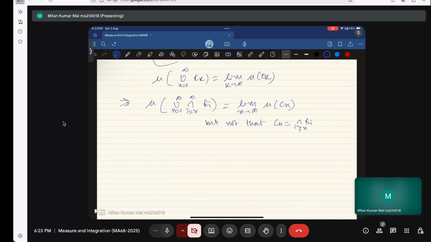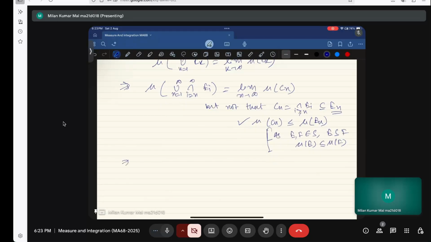So C_n is a subset of particularly E_n, so mu of C_n is less than or equal to mu of E_n. This is because if E and F are both in the sigma ring S, mu is a measure on it, and E is a subset of F, then mu of E is less than or equal to mu of F. So with this property, we can write this.